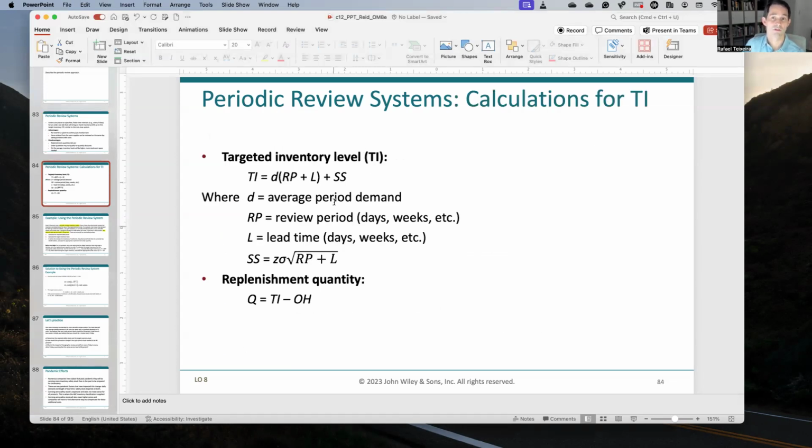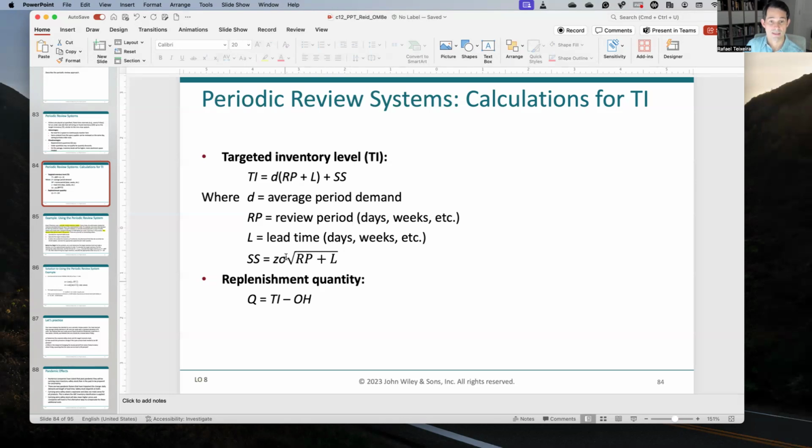These are the formulas we're going to use. We have to calculate the target inventory level, and the target inventory level is given by the average demand times the replenishment period: the review period, how long it takes to review the inventory, plus the lead time, how long it takes to get the shipment, plus a safety stock.